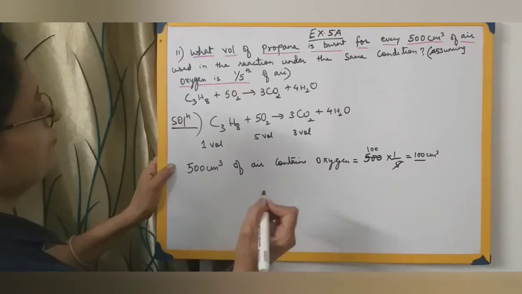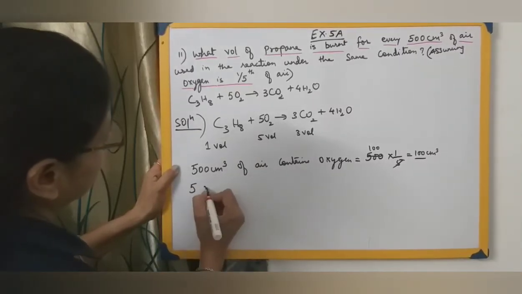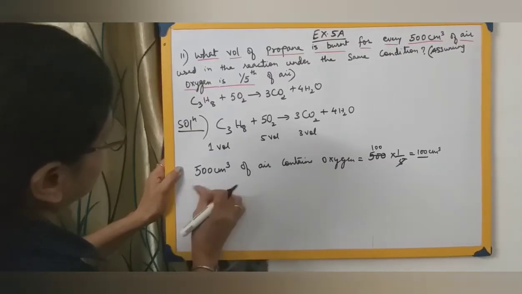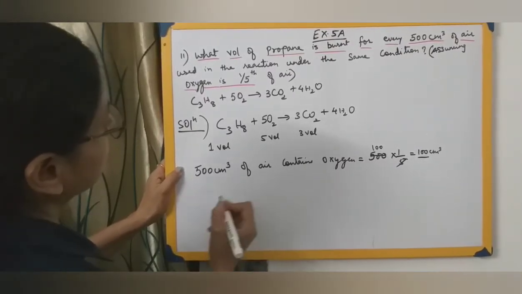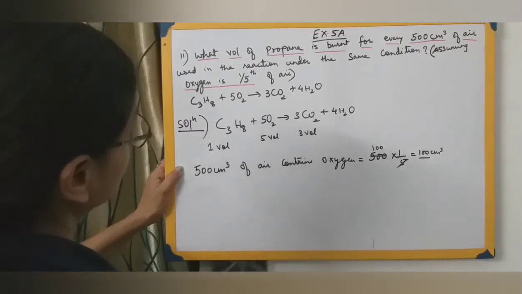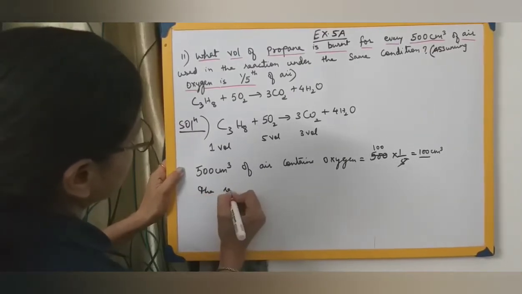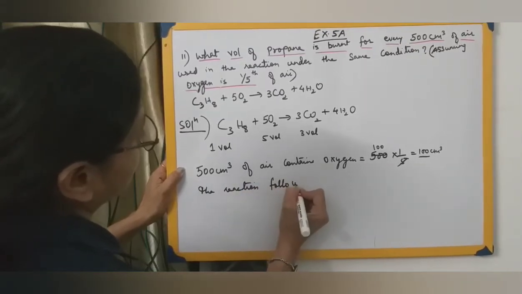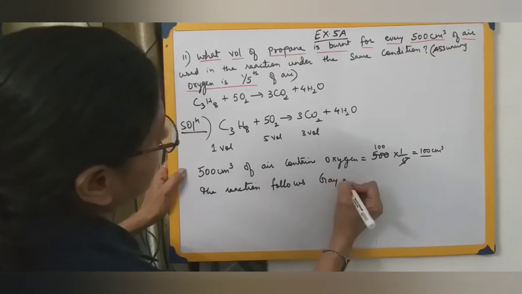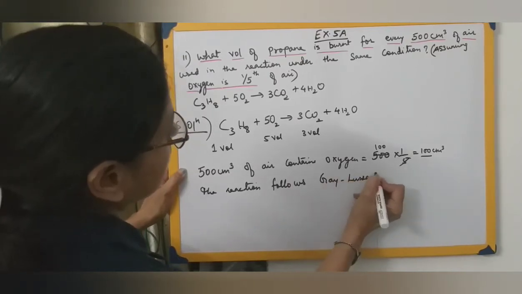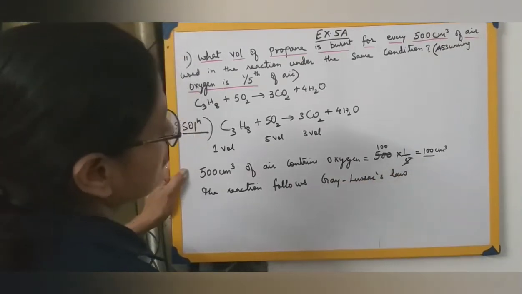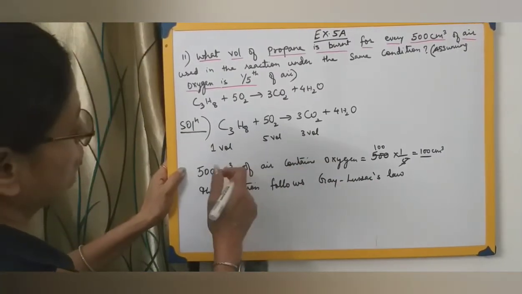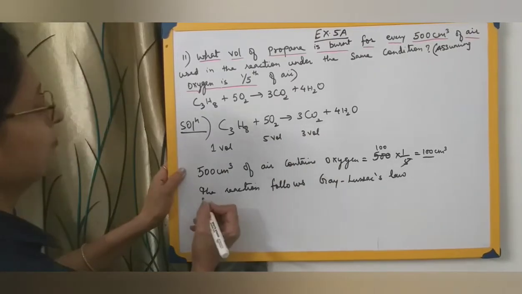So 5 volumes of, the reactants and the products are in stoichiometric proportion. So first of all the reaction follows Gay-Lussac's law. So what is the reason? I will not mention it again and again, because these are in stoichiometric proportion, a simple ratio 1:5:3.